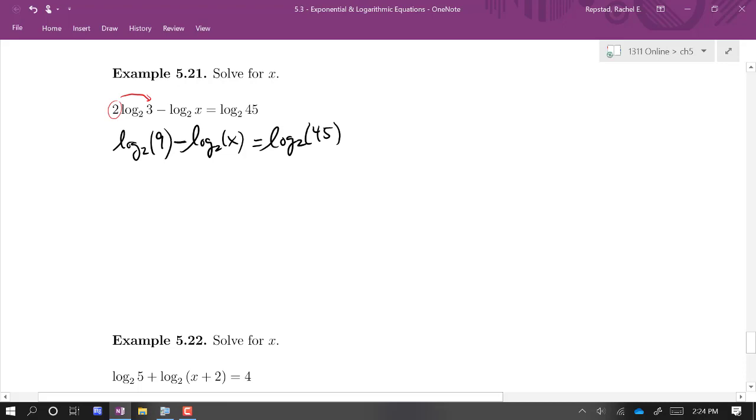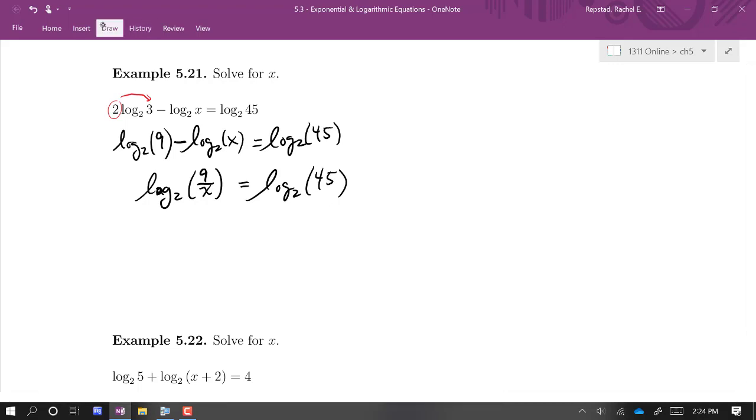We're subtracting here, so we can combine that as a single log by dividing inside. And if I have 2 logs of the same base that are equal to each other, the only way that happens is if the arguments are equal. So we get 9 over x equals 45.